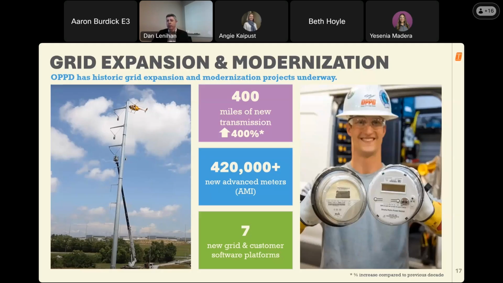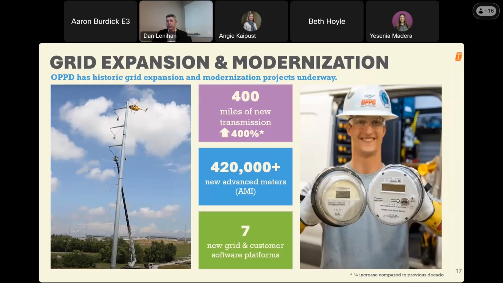When this AMI ecosystem of meters, communication systems, and software platforms is complete the next few years, it will result in real-time monitoring and communication capability with all of our customer meters, which we've never had before, which will lead to quicker outage restoration and response times.